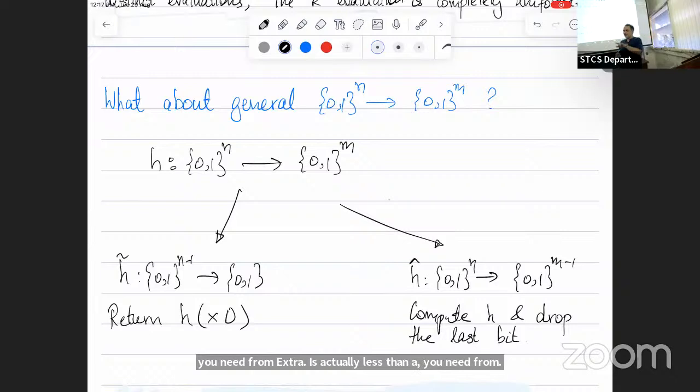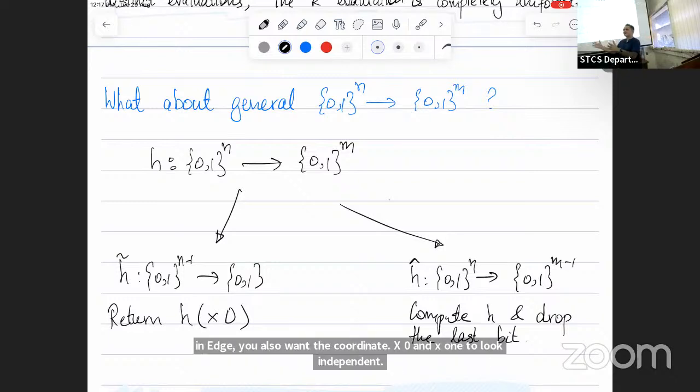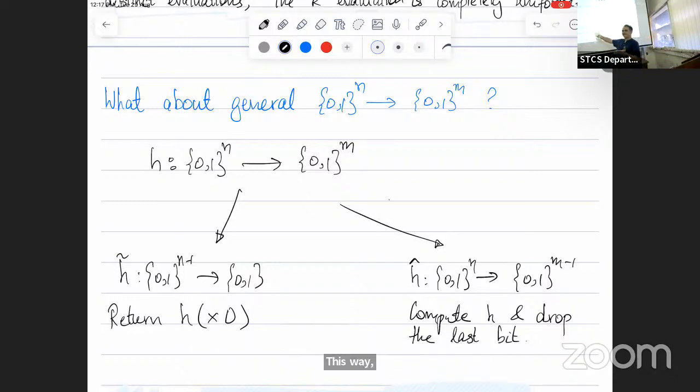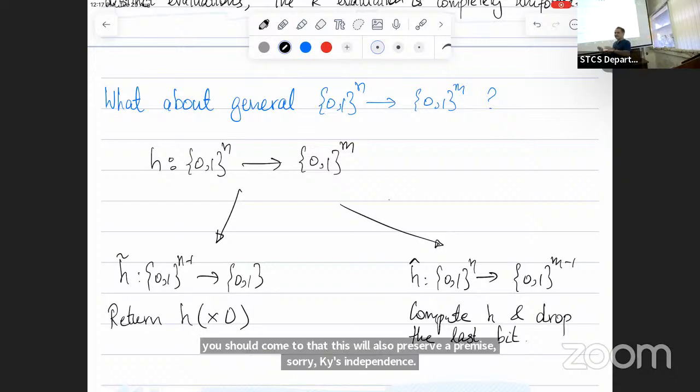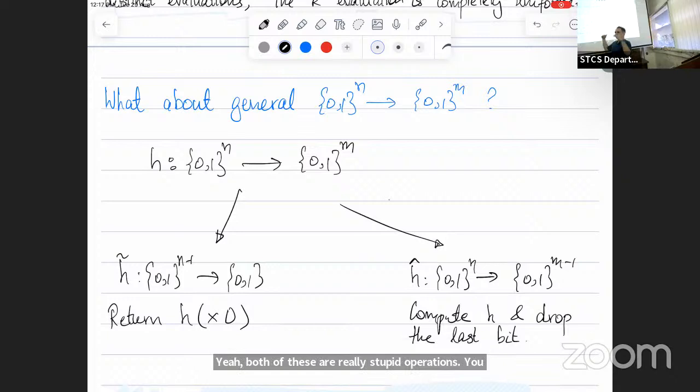You also wanted the coordinates x0 and x1 to look independent. This way, x1 is never going to show up here. I'm only interested in things of the form x0. Again, you should convince yourself that this will also preserve k-wise independence in general. Both of these are really stupid operations. You're just basically forgetting information that your original h had.